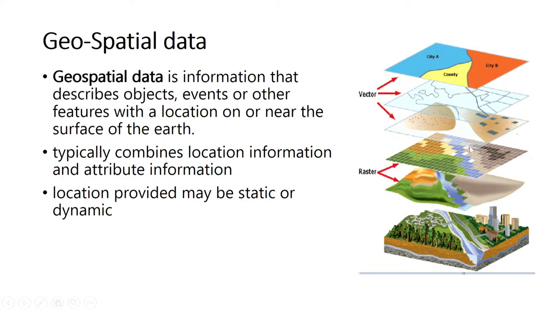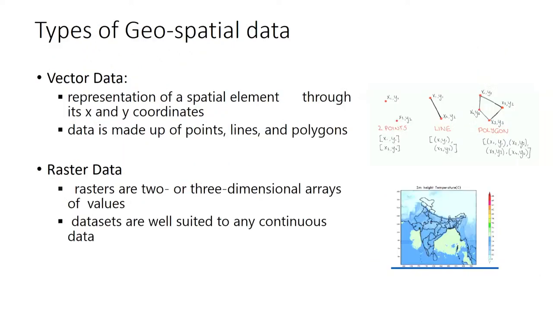So either you can represent it using an image, using a grid of cells, or it can be represented as boundaries or vector data as well, like the city can be represented as a polygon or a point, or buildings, river, canal can be represented with lines and so on. So this data can be either raster or vector.